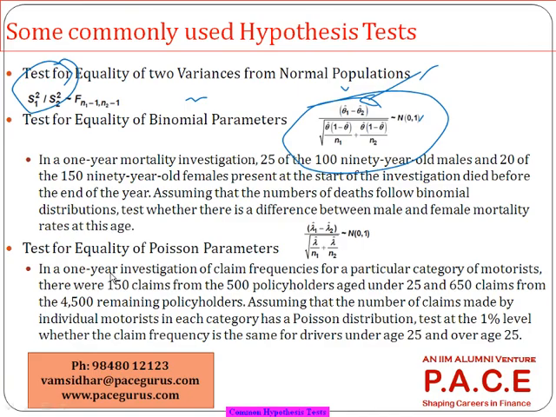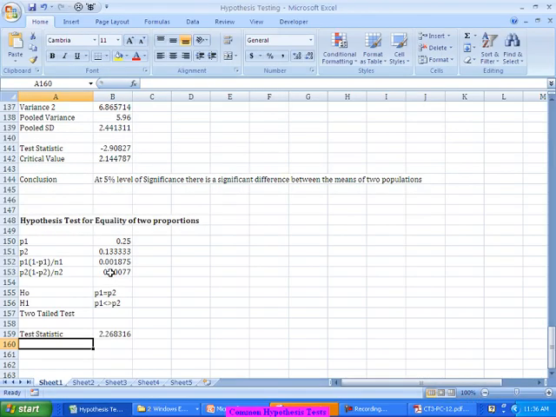So at 95% confidence level or 5% significance level, we know that the critical value is 1.96. We don't need to check the tables.